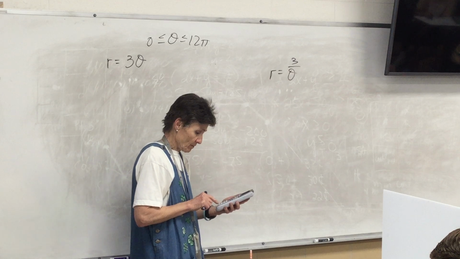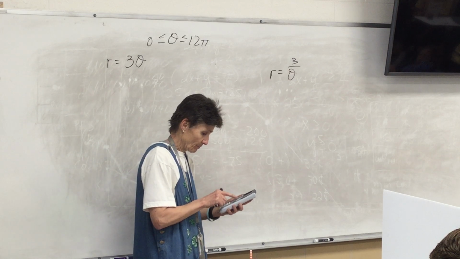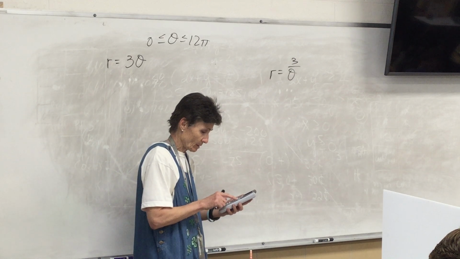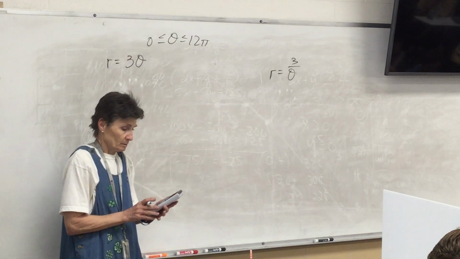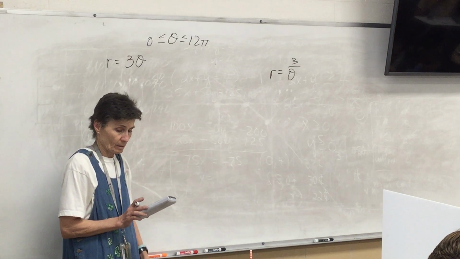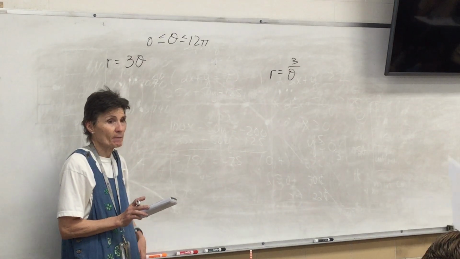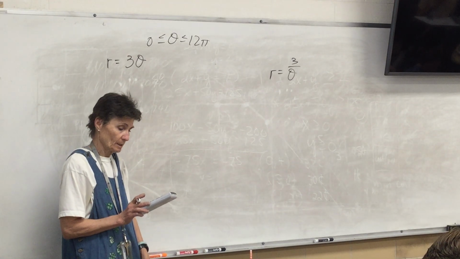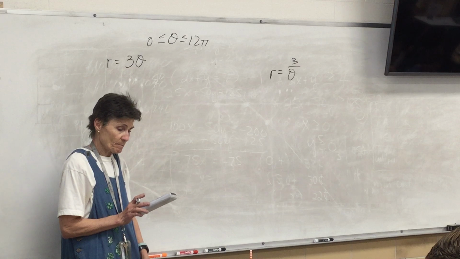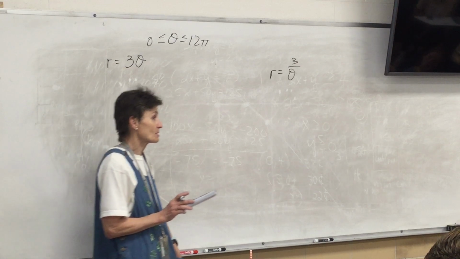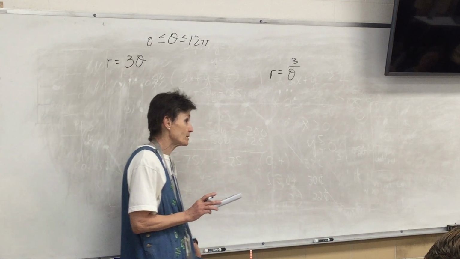And I am graphing 3 theta. Getting a nice little Archimedean spiral. Beautiful. And it spins and spins, and then all of a sudden it stops because it's gone around 6 times, and that's what you told it to do.